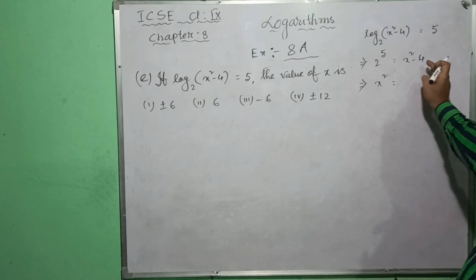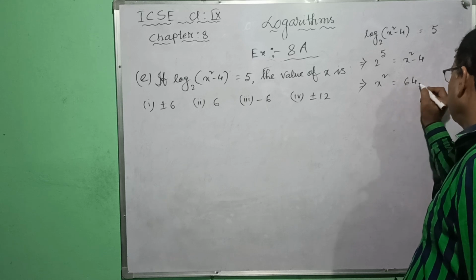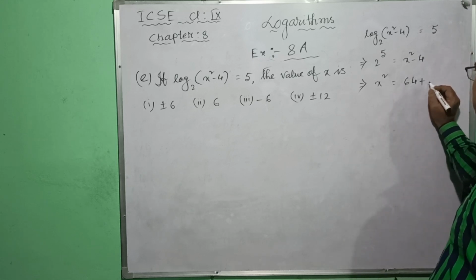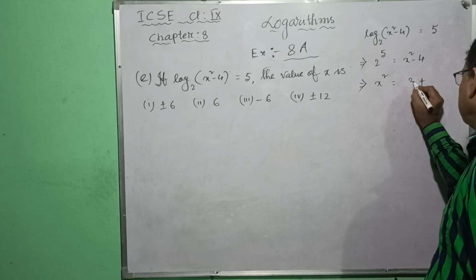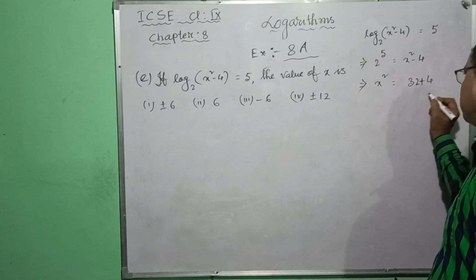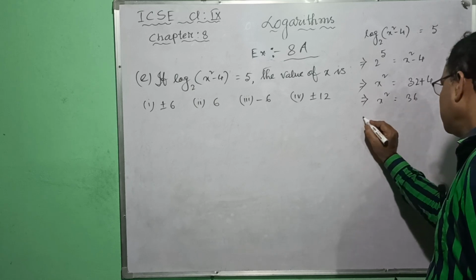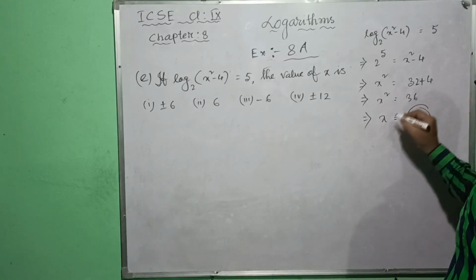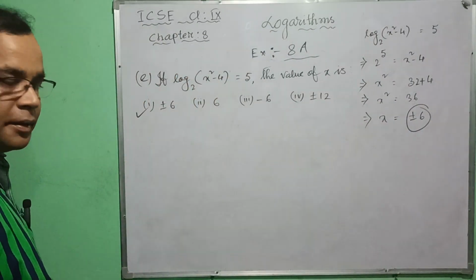So x square equal, after side change the 4 will become plus, 32 plus 4. This implies x square equal 36. This implies x equal plus minus 6. So this is the correct answer. So our option 1 is correct.